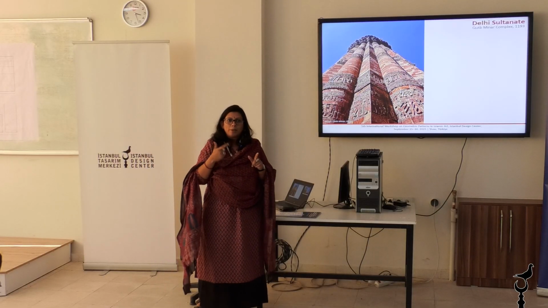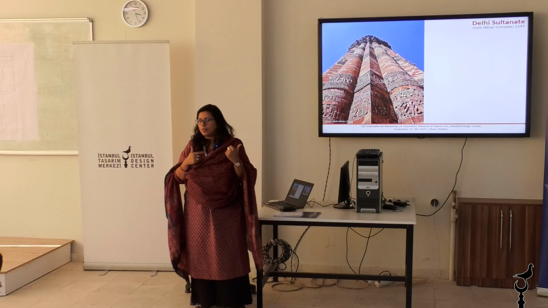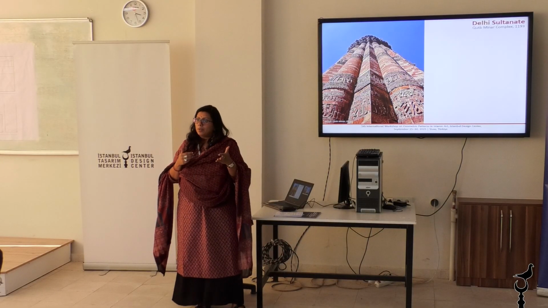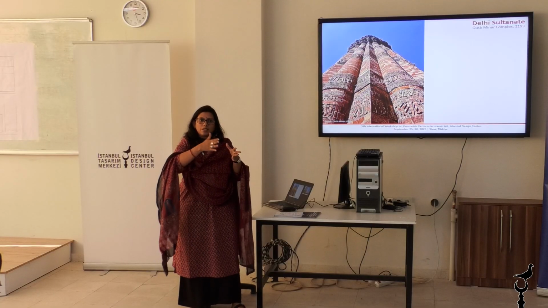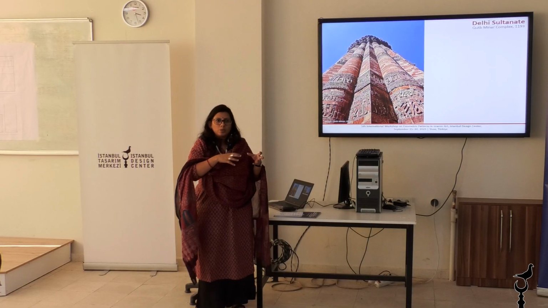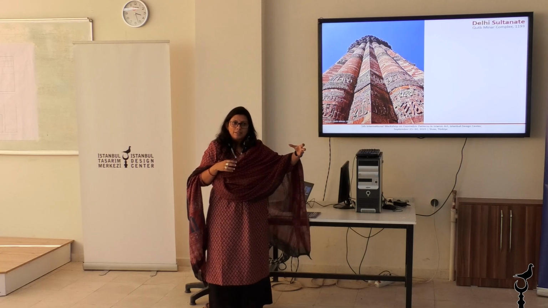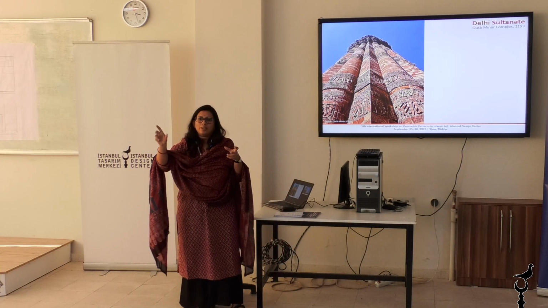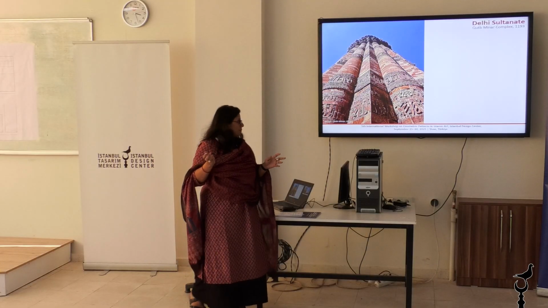There are other places in Delhi, but this is a UNESCO World Heritage Site. And over the period of time, other sultanates have also added to it. So it might have started in one period, but it was completed in another period.